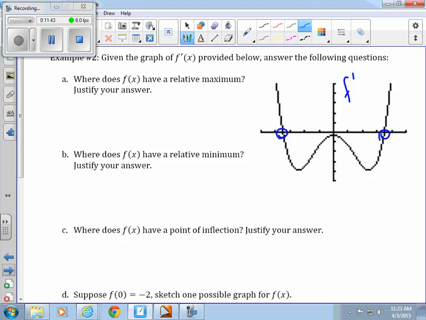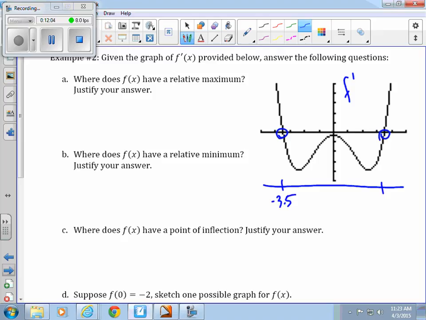If I were you, when I see a derivative graph, some of you can just see it in your head and you're done. But if you are having a hard time seeing it, draw a quick sign chart. So I'm going to put that number and that number on my sign chart. We can figure out what those are: 1, 2, 3 and a half.